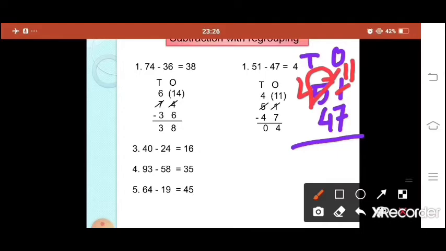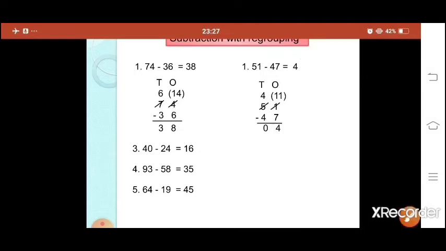Sorry, 11 in the mind, 7 on the finger, before 11: 10, 9, 8, 7, 6, 5, 4. Okay, now here you can observe 4 minus 4. When we subtract the same number from itself, we get 0. So 4 minus 4, 0. Okay, so this way we have to borrow the number.